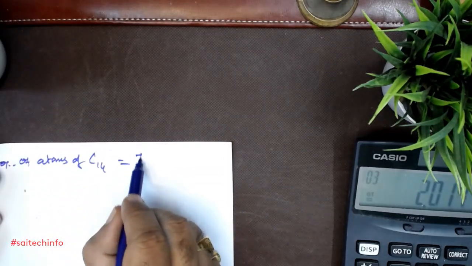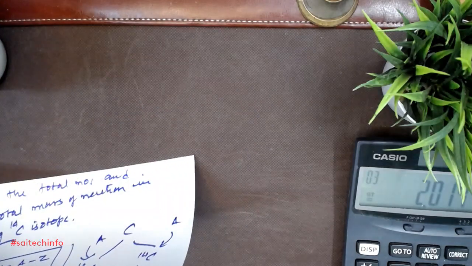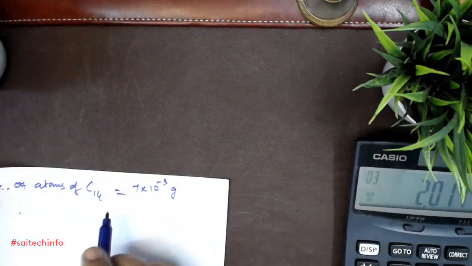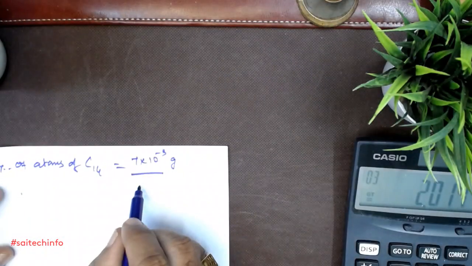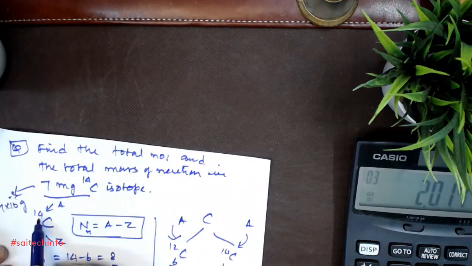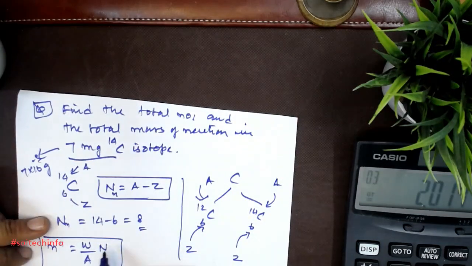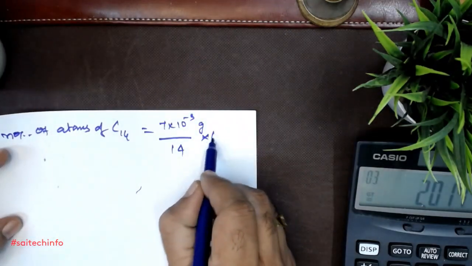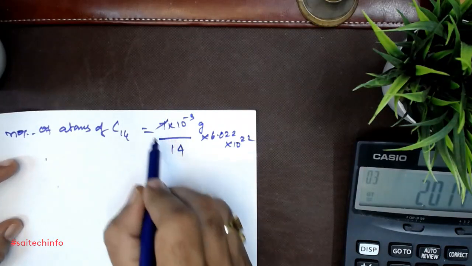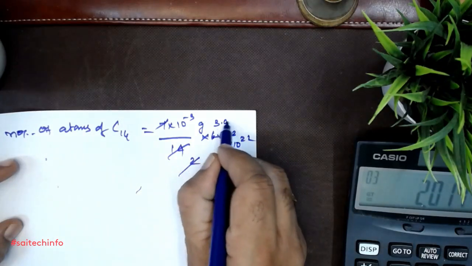The atomic weight here is 14, not 12, because it is the C14 isotope. So divide by 14 into Avogadro's number, 6.022 into 10 power 22. This is 2 times, and this can be cancelled, giving 3.011.